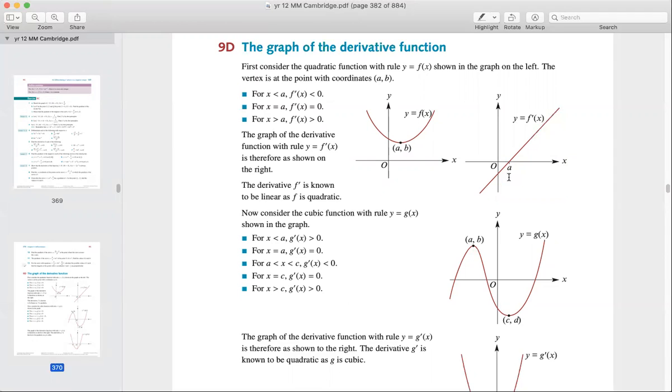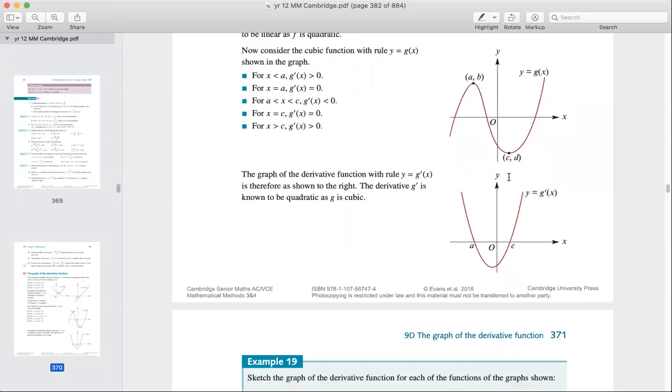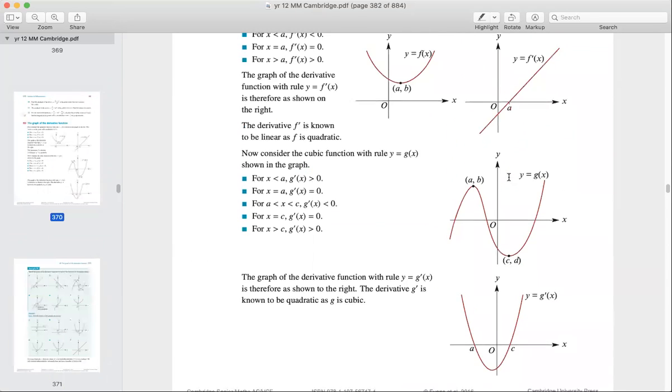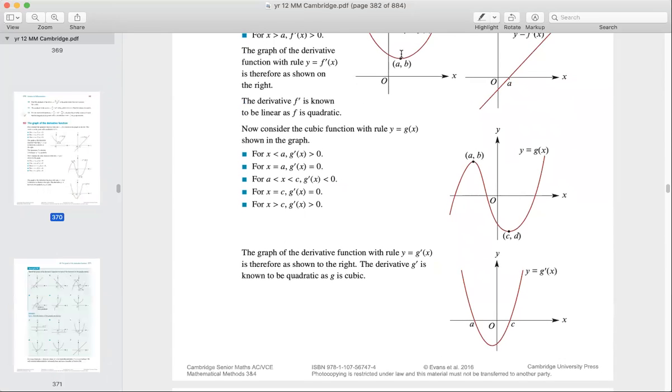And after a, or greater than a, my original function is increasing, and the corresponding derivative function is greater than 0. And the same, we can see over here, if my derivative function is less than 0, then my original function is decreasing.